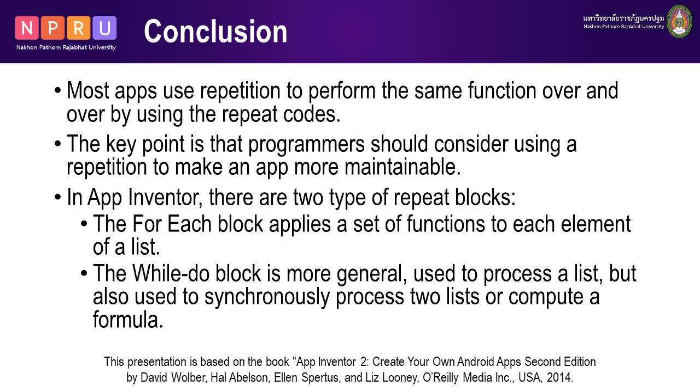We can use it to process a list, but we can also use it to synchronously process two lists or compute a formula. With while do, the inner blocks are performed continuously for as long as a certain condition is true. After the blocks within the while are executed, control loops back up and the test condition is tried again. Only when the test evaluates to false does the while do block complete.